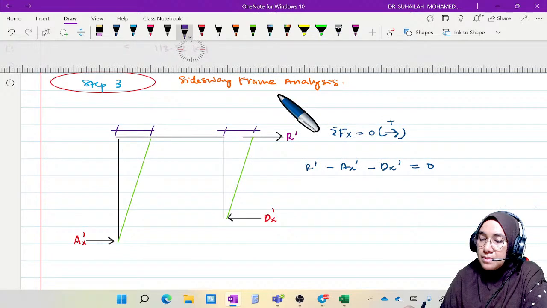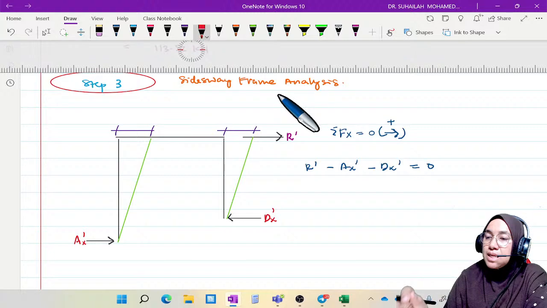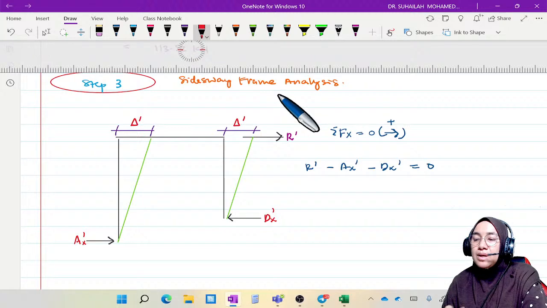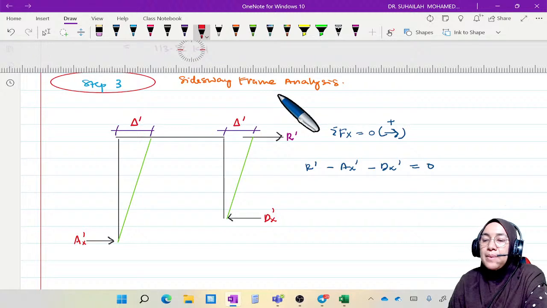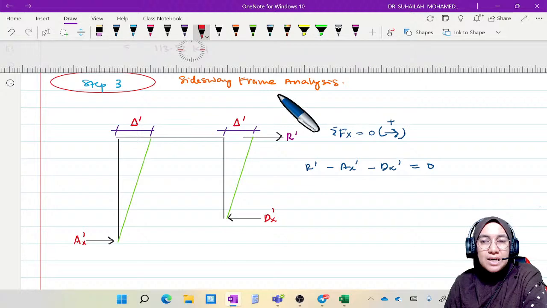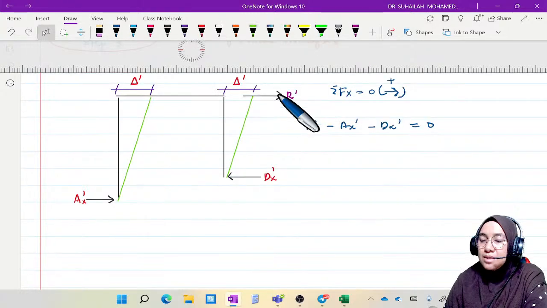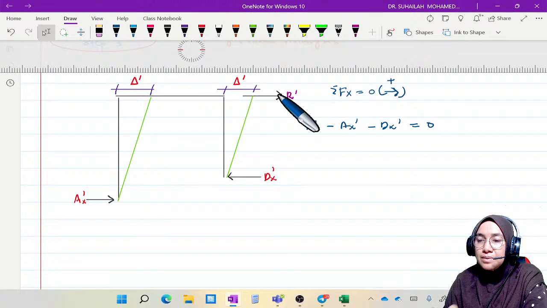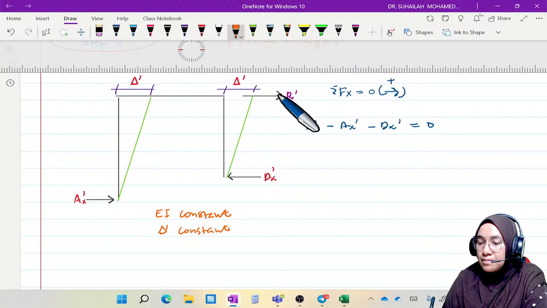In this case, EI is constant and delta prime is also constant. What is not constant is the length.